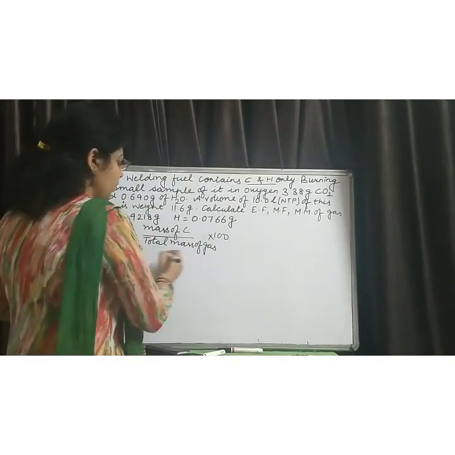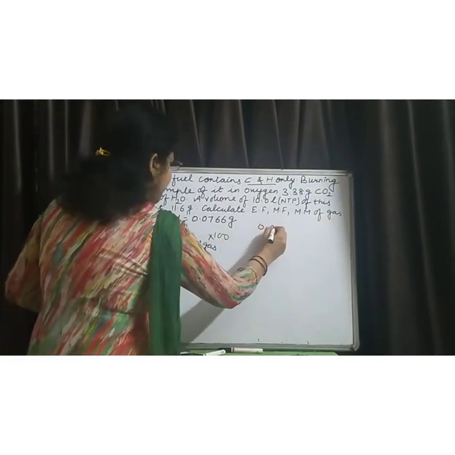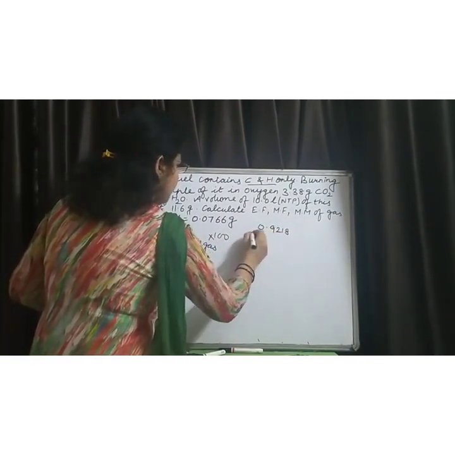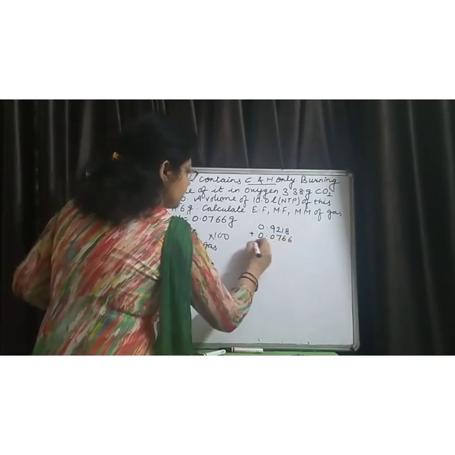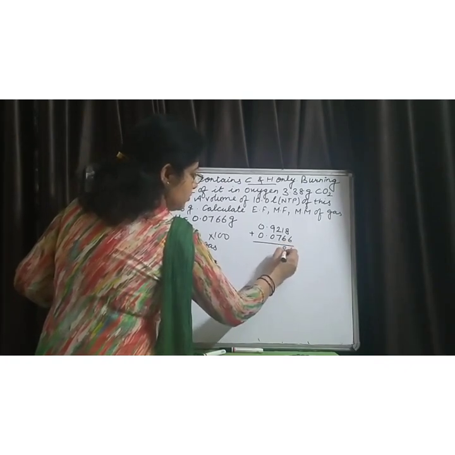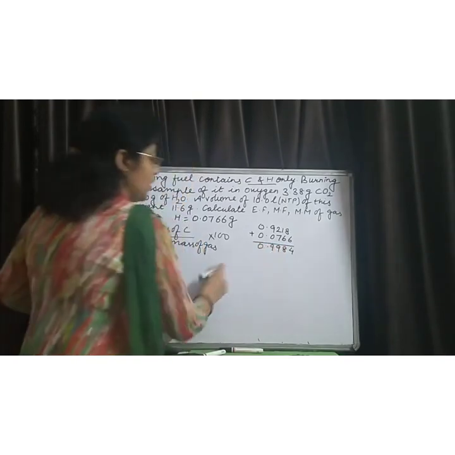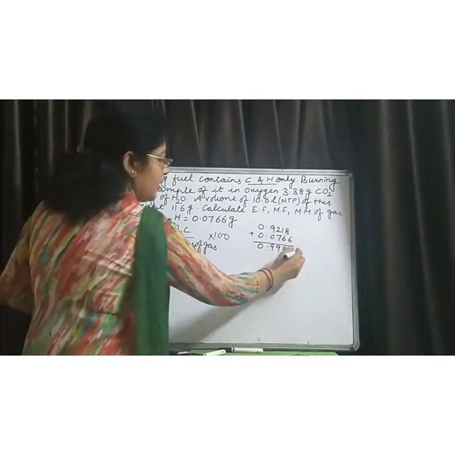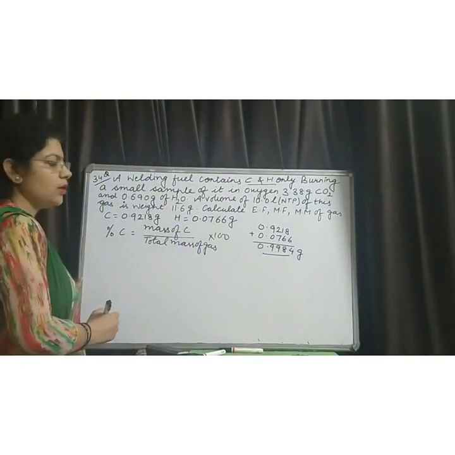So the total mass of the gas is 0.9218 plus 0.0766. When you solve this, it comes out to be 0.9984 gram. This is the total mass of the gas.